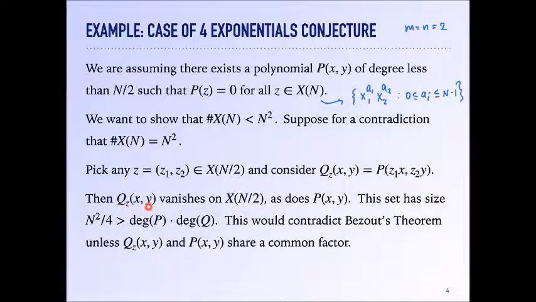Then this q sub z vanishes on x sub n over 2 because the original z was in x sub n over 2.